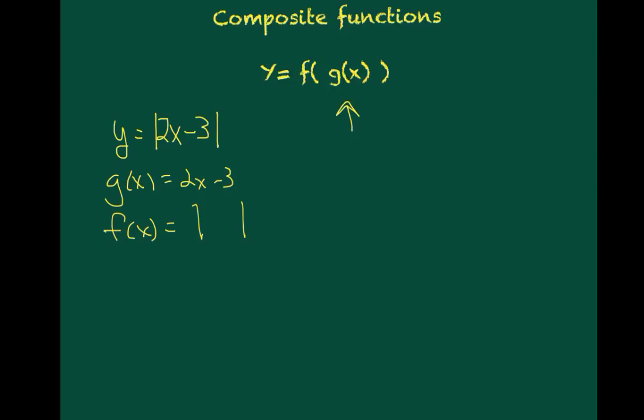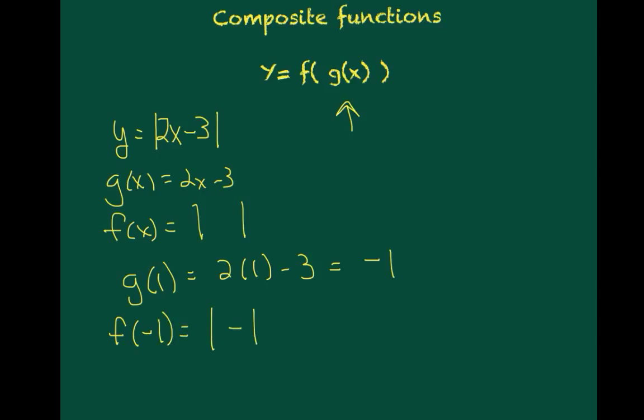So we're going to evaluate g of x first and then plug that into the absolute value. Let's take, for instance, g of 1. When we plug 1 in for x, we get that g of 1 is equal to negative 1. So now f of negative 1 is going to equal the absolute value of negative 1, which is 1.